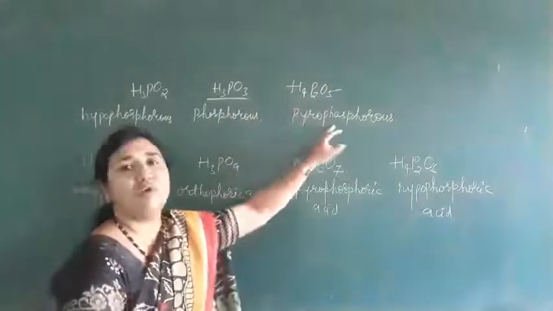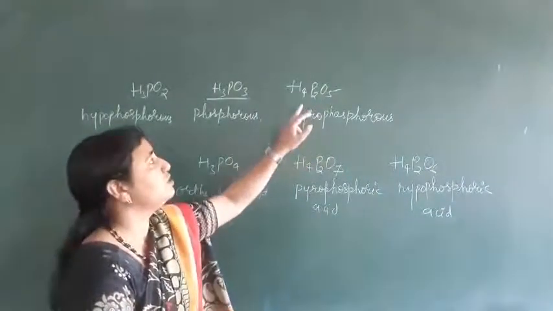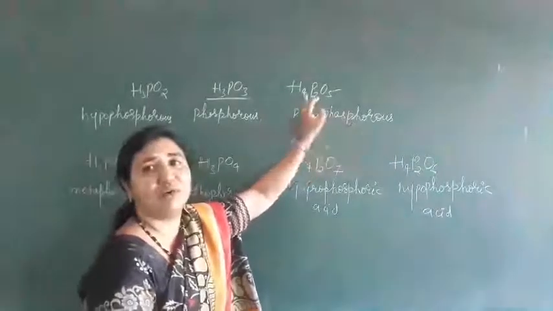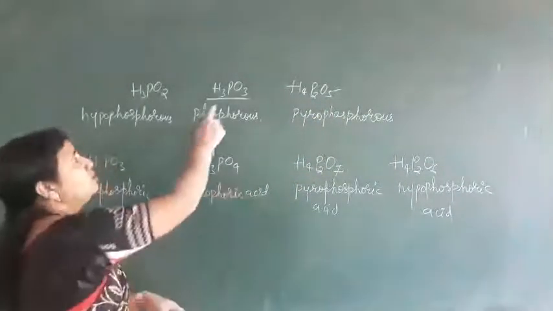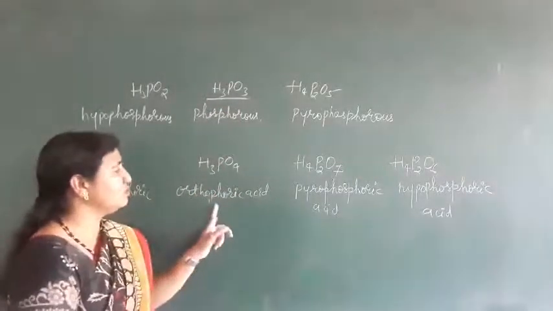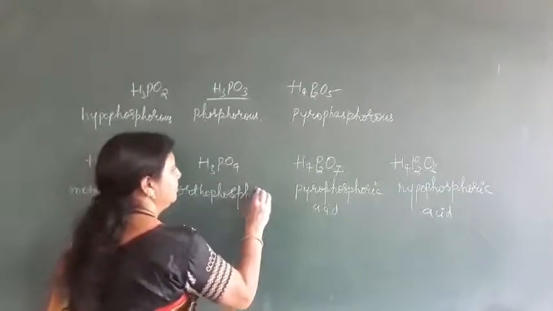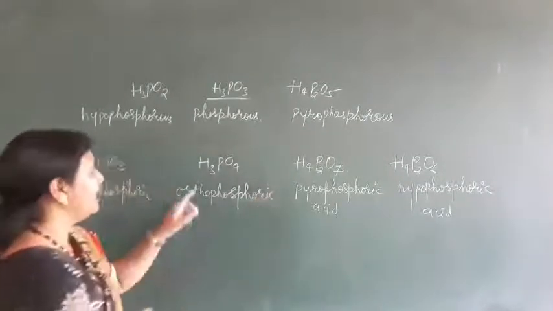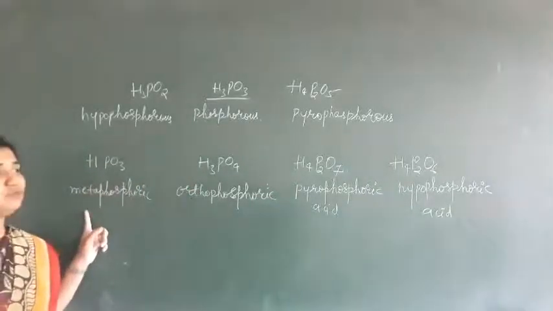This is pyrophosphorous acid. Whenever P2 is there, it is pyro. So pyrophosphorous acid is H4P2O5. Next we have H3PO4. O3 means -ous, O4 means -ic acid; it is orthophosphoric acid. In this one, if a water molecule is removed, we will get HPO3, which is metaphosphoric acid.